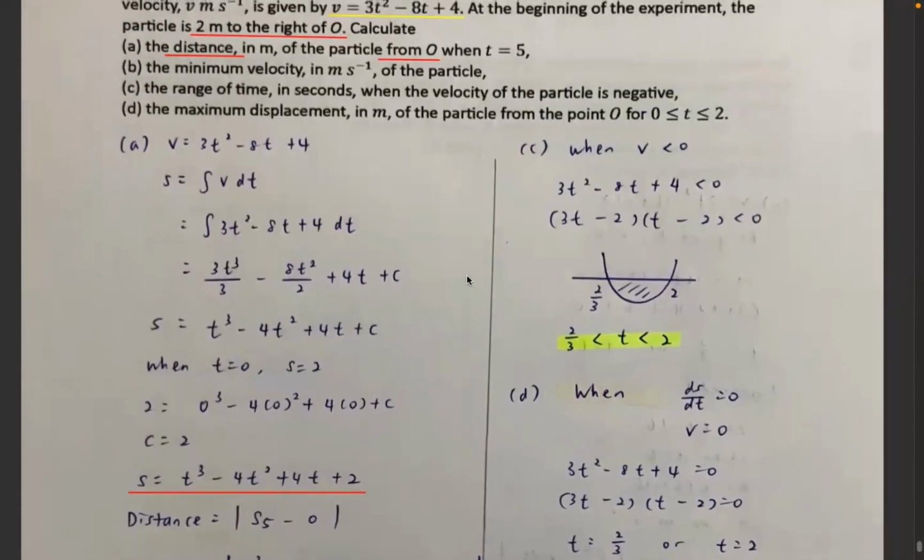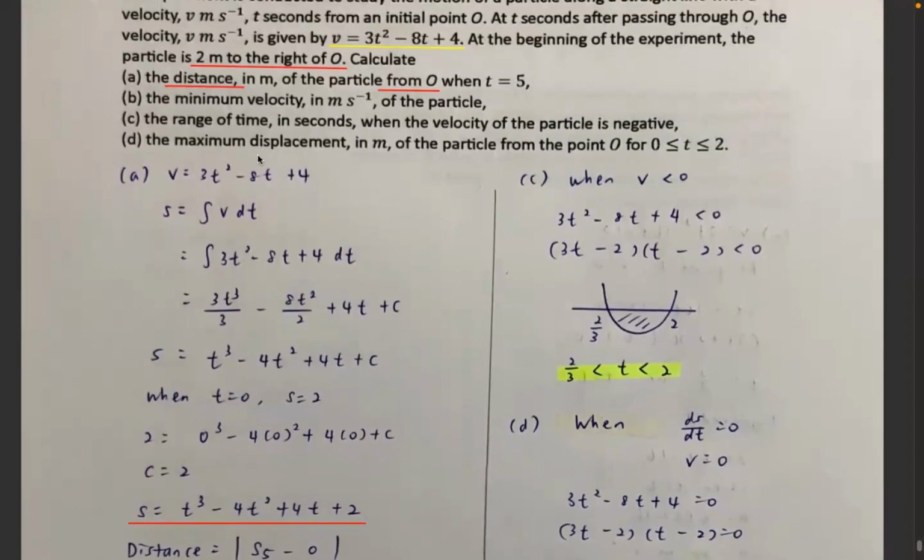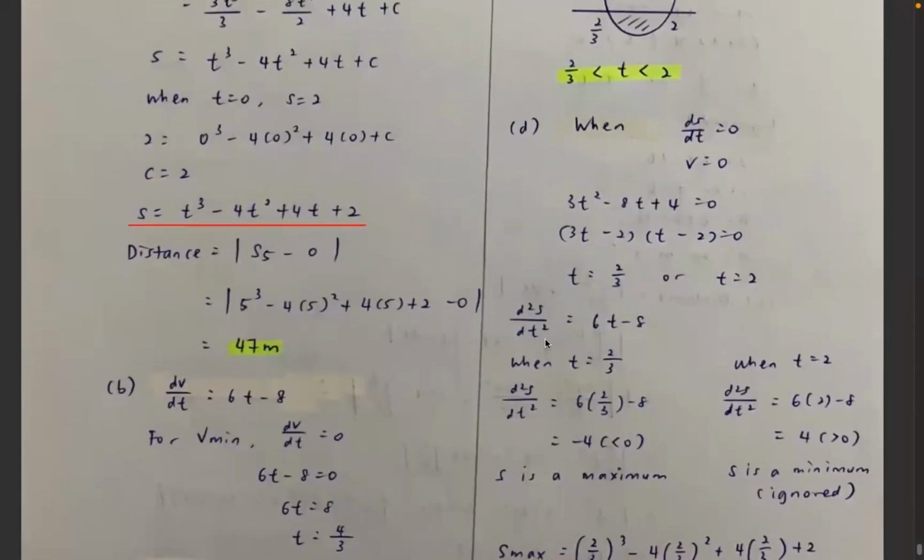To identify which value of t will cause the displacement to be maximum, we have to do d2s/dt squared. So ds/dt is v, and it is actually 3t squared minus 8t plus 4. Now we have to do the second order derivative, which means we differentiate this function. Differentiating 3t squared, we have 6t.